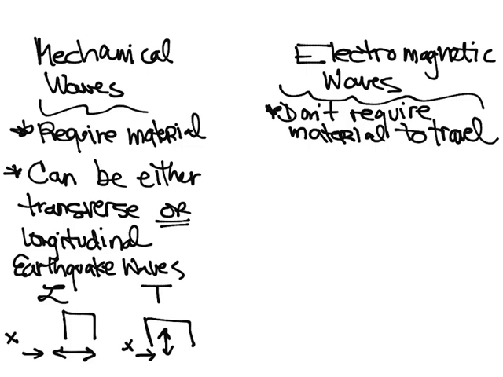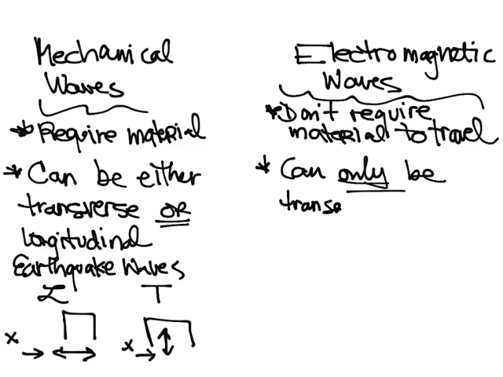Electromagnetic waves, on the other hand, can only be transverse. Basically an electromagnetic wave is a wave with electric and magnetic fields, and we'll talk a lot more about that later. Let's say this red arrow is the direction that the wave is traveling, and my blue arrows right here are an electric field.